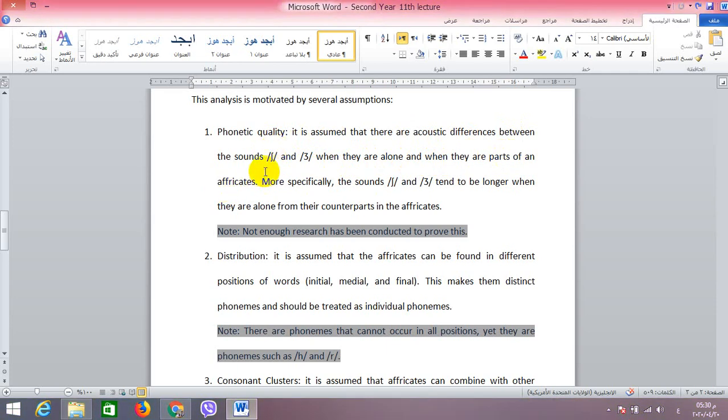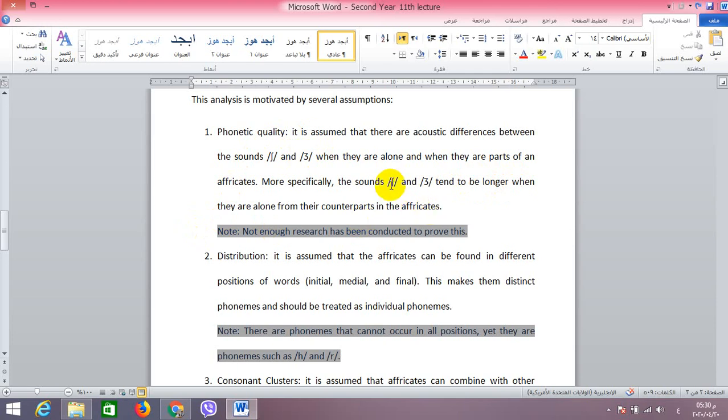They are not exactly the same. More specifically, the sh sound and the j sound, when they are pronounced alone, tend to be longer. They take more time, more duration, than the sh and j which are parts of affricates.